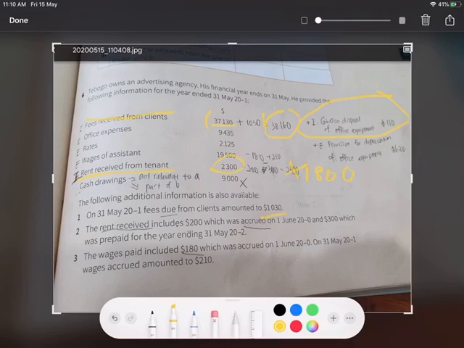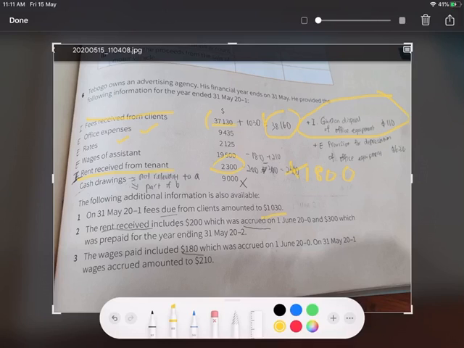Then the rest, office equipment, does not have adjustment. Rates does not have adjustment, but wages of assistant has an adjustment. What was the adjustment?